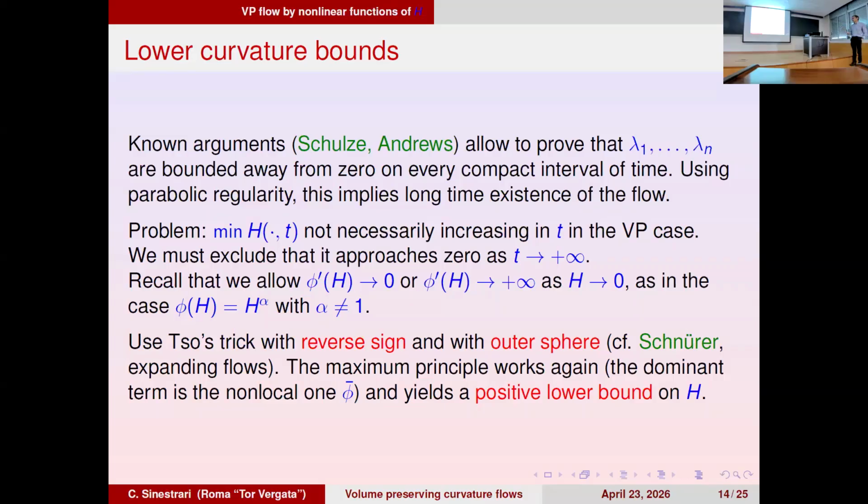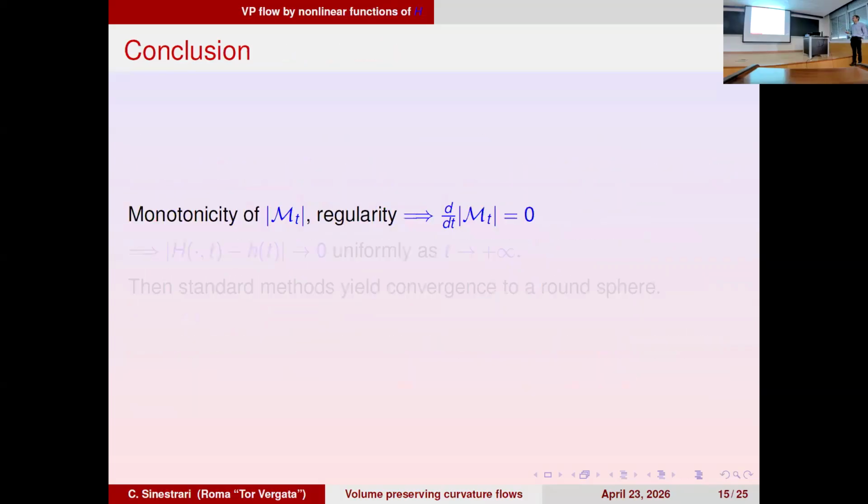And then once we have a positive lower bound, you recall, we know that the area is monotone and that the derivative is strictly negative unless the curvature is constant. Oh, again, this is a misprint. What I wanted to show here is that this derivative goes to 0.